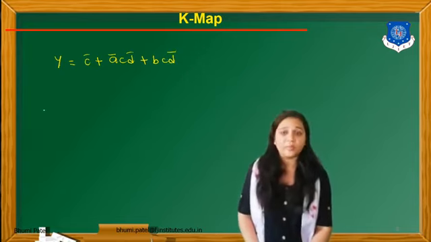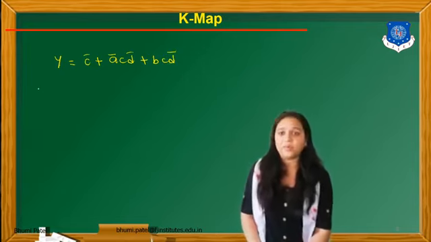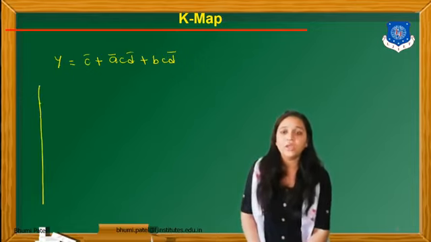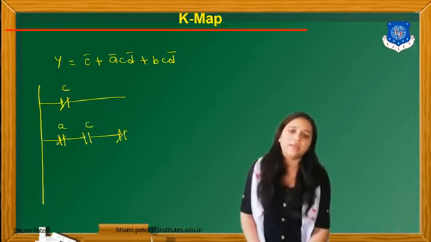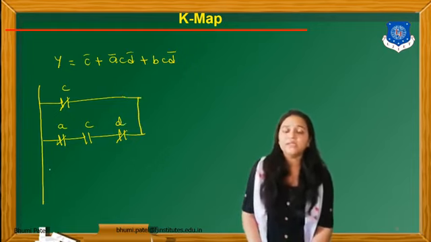Now the next step is we have to draw the ladder logic diagram for this particular equation. So simply put the input, so C complement first of all, then next in the parallel connection A bar C D bar. So A bar is a normally closed contact, then the C normally open contact and the D as a normally closed contact. So this is my second input, and the third one is the B C D bar.